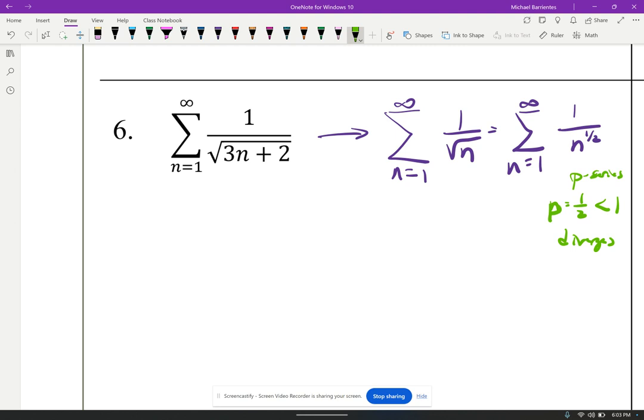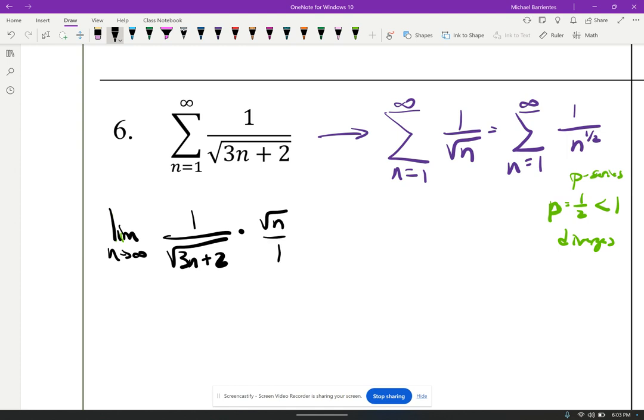All right, so I'm going to take the limit that way, and let's hope everything works out. So the limit as n approaches infinity of 1 over the square root of 3n plus 2 times the reciprocal of this, which is the square root of n over 1.